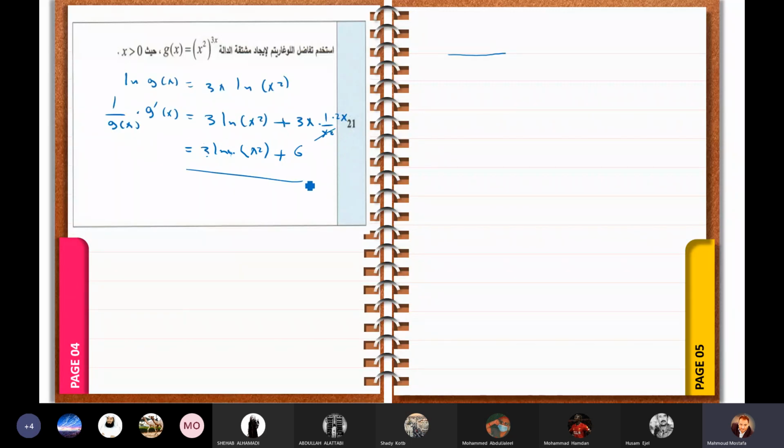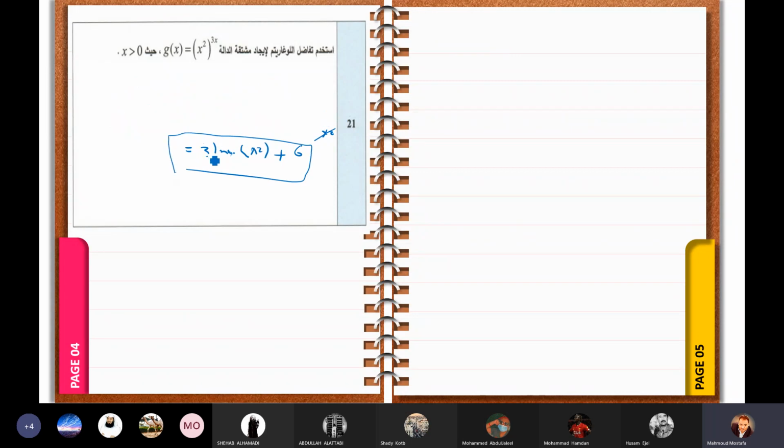So the final answer here will be 3 ln x squared plus 6.